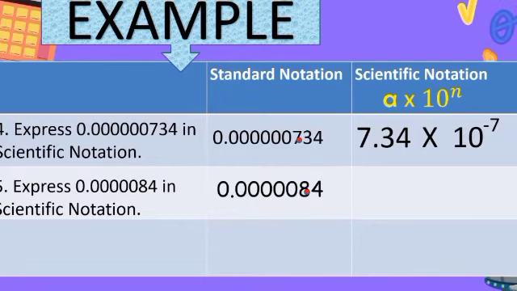Kung ilan yung movement ng decimal natin papuntang 8.4, yun din yung ating exponent. So, again, always multiply it with the base 10 and then count 1, 2, 3, 4, 5, 6 hanggang doon sa kung saan huminto ang iyong decimal. So, that is negative 6.